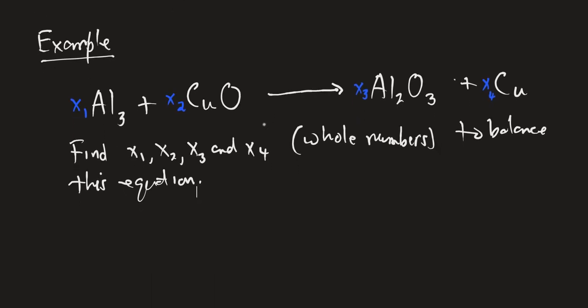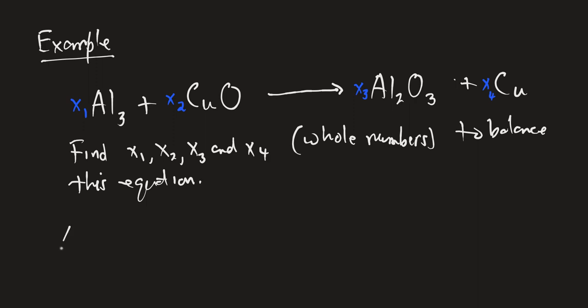So there are 3 elements present: aluminum, copper, and oxygen. For this equation to be balanced, we have to have the same number of Al on both sides, the same number of Cu on both sides, and the same number of O on both sides. So let's do it element by element.